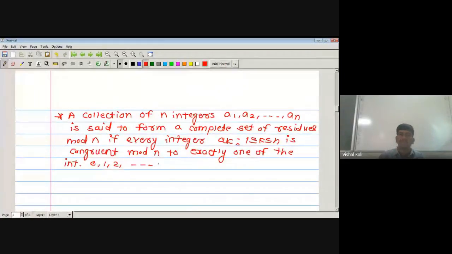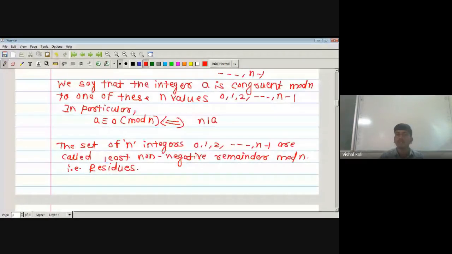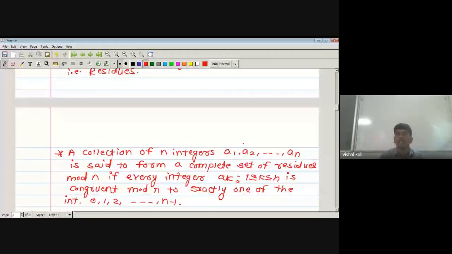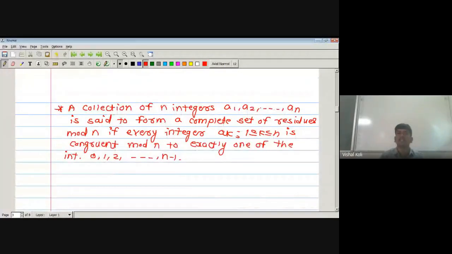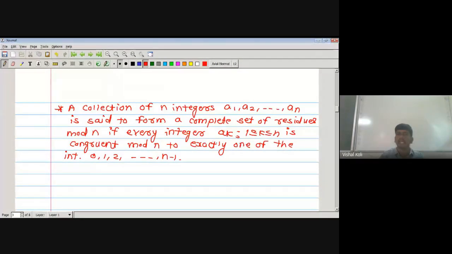What are the residues? We have already seen what the residues are. If a is congruent to r modulo n, then the possible remainder values are n values, that is 0, 1, 2 up to n minus 1. And this set of n integers are called residues. And if we take any collection of n integers a1, a2 up to an, then this collection is said to form a complete set of residues modulo n if every integer ak is congruent modulo n to exactly one of the integers 0, 1, 2 up to n minus 1.